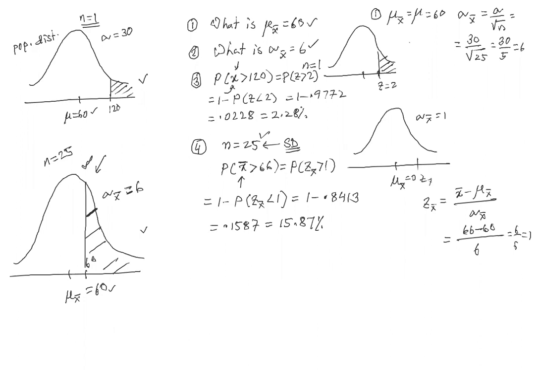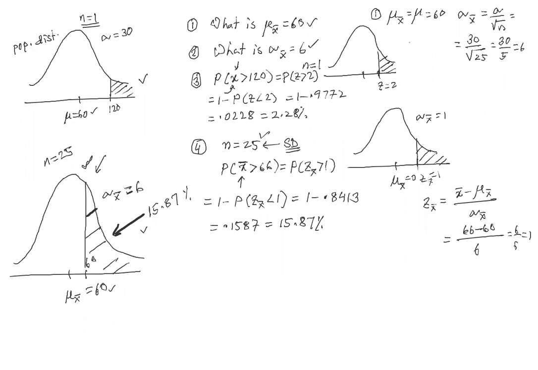Z sub X bar, since we are talking about the sampling distribution. And this graph isn't quite representative of 15%, but it's okay, you get the idea. This shaded region is 15.87%.